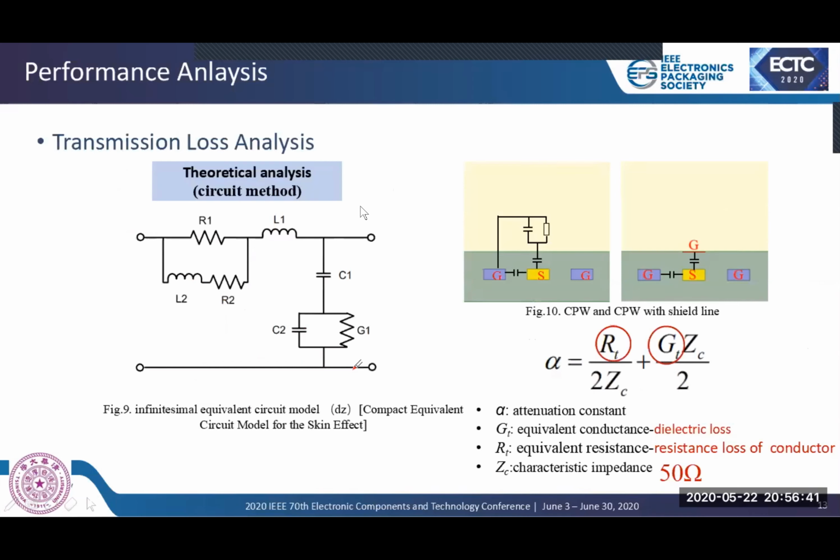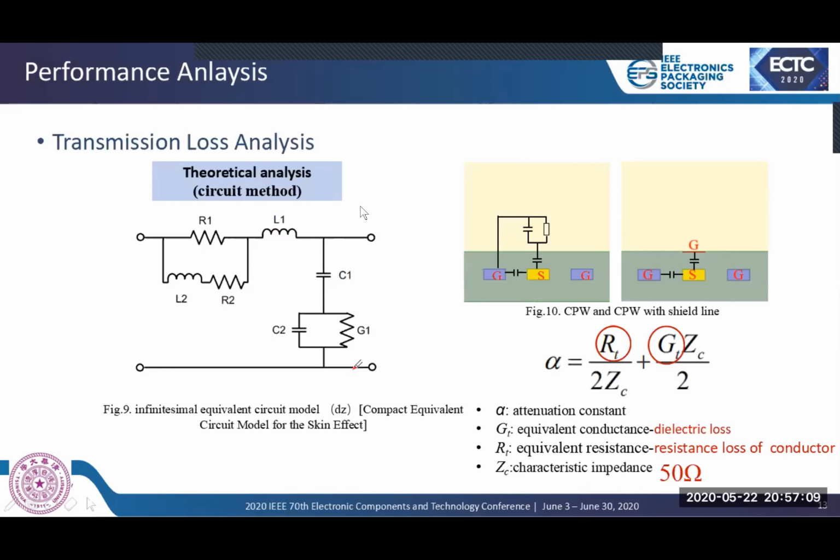Also, theoretical analysis, or circuit method, is used. According to transmission line theory, the attenuation constant represents the transmission loss or insertion loss. The attenuation constant is related to equivalent resistance, equivalent conductance, and characteristic impedance of the line.